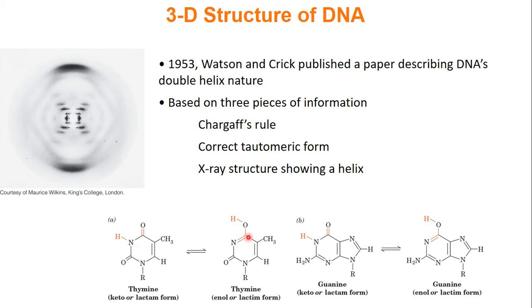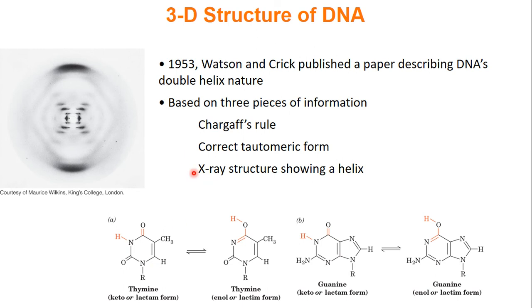Both are possible, chemically speaking. We know now, though, that DNA and RNA the majority of the time are in this keto form. You will still find bases in this enol form, but the majority are in the keto form.